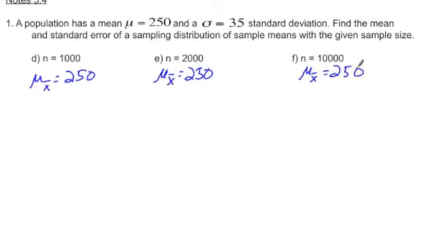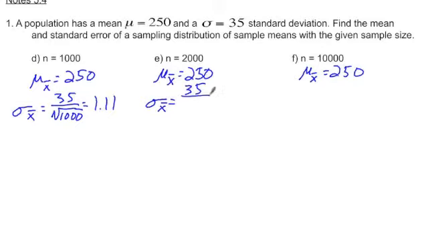Right? Now with the standard error, this is the standard deviation divided by the square root of the sample size. The sample of 1,000, this comes out to 1.11. Finding the standard error in part E, we take 35 divided by the square root of 2,000. And this comes out to a standard error of 0.78.